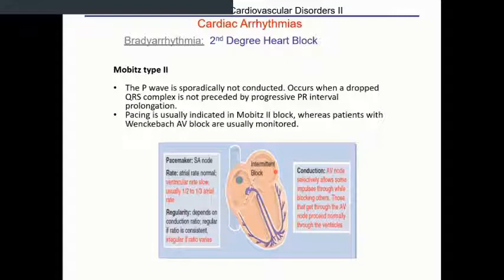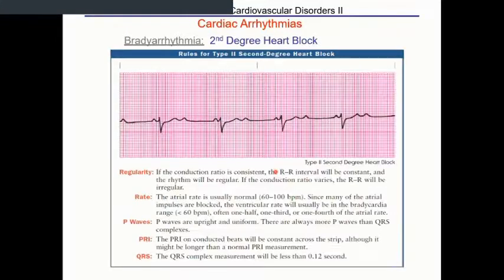Your AV node selectively allows some impulses through while blocking others. Those that get through the AV node proceed normally through the ventricle. So it just produces an intermittent block in the conduction.